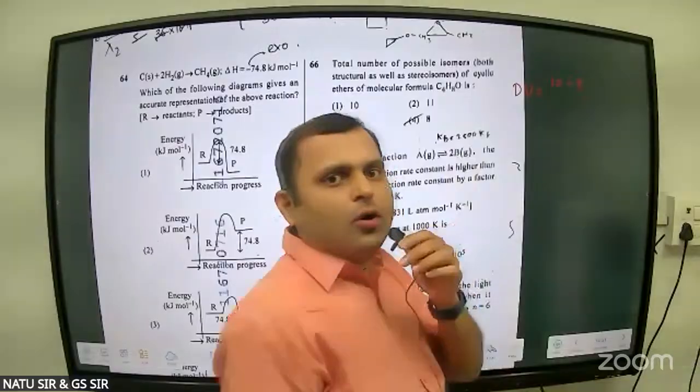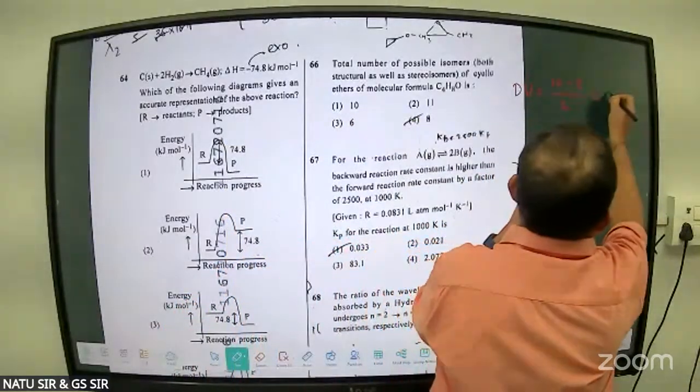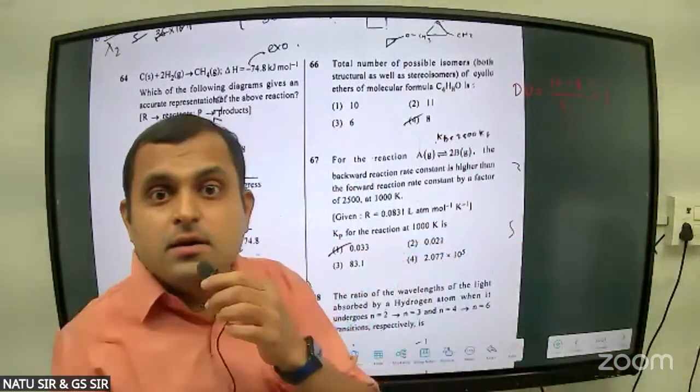And oxygen atoms are not considered, right? So 10 minus 8 divided by 2 is equal to 1. So there will be either one pi bond or one ring, right?